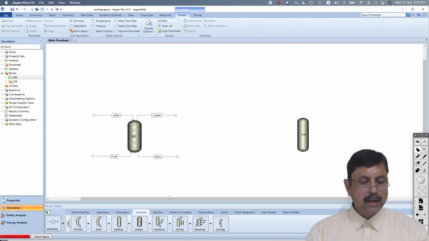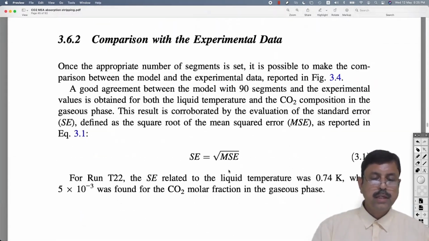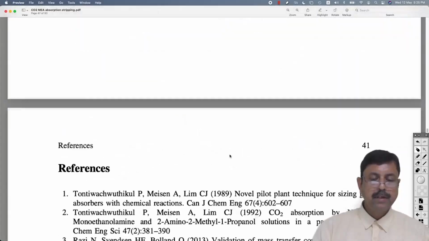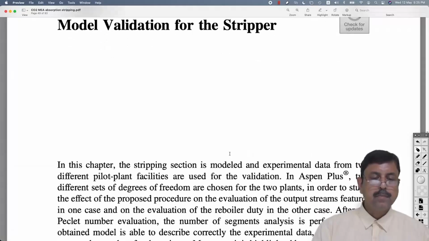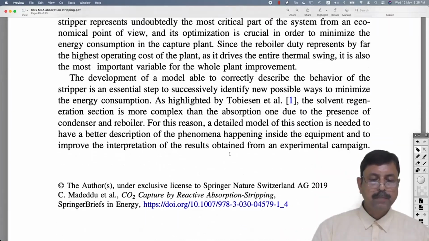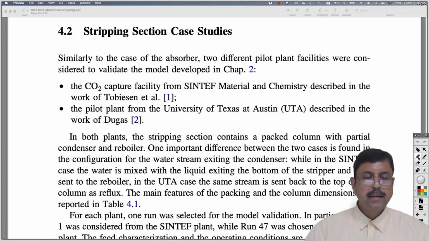Now for stripper, we have some information. Go to the relevant chapter. Yes, model validation of stripper. Here it says, in the stripping section case study, we have two different pilot plant facilities considered.